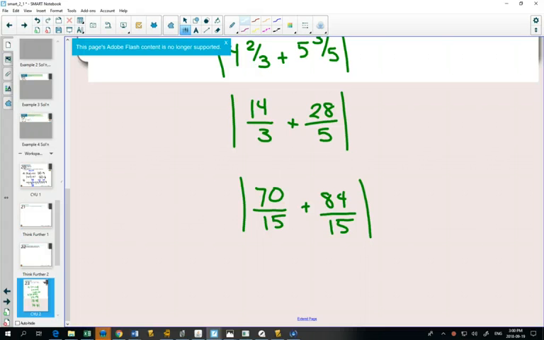And then you could add those together. 154 over 15. If you wanted to change that back, there's 10 full 15s in 154, and there's 4 left.